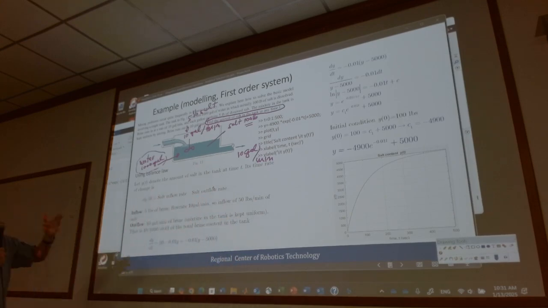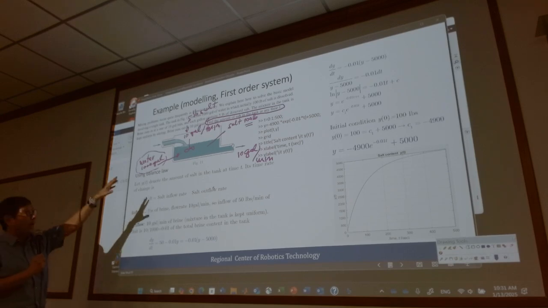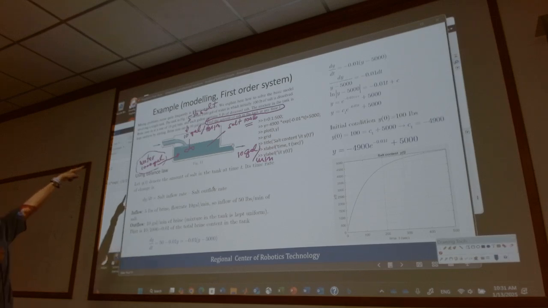We have water about 1,000 gallon here. Okay, it becomes brine. We have input is brine flowing in at what rate? Input rate is 10 gallon per minute.